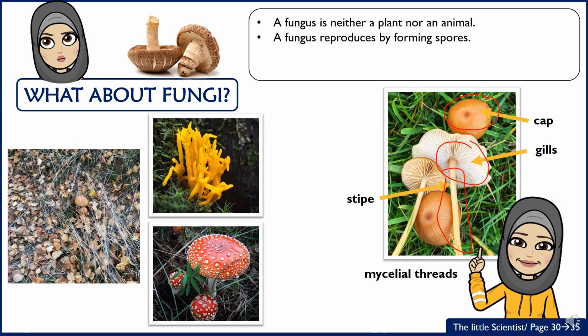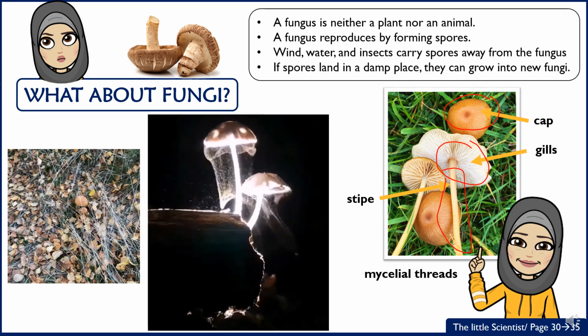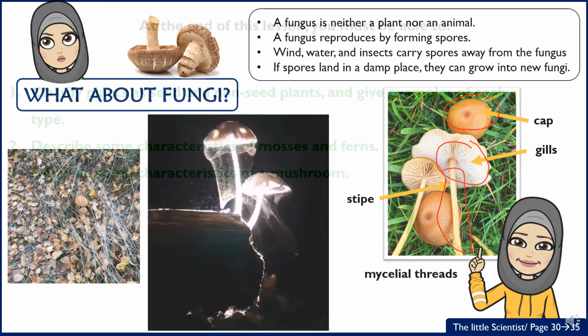So fungi produce spores, and the spores will be carried by wind, water, and insects away from the fungus. And if the spores land in damp places, or in a humid area or wet places, they can grow into a new fungus.